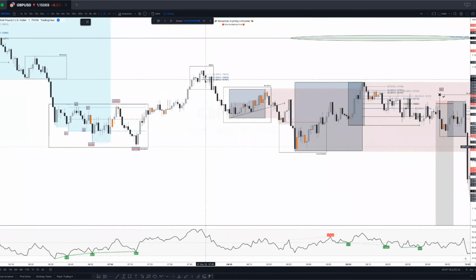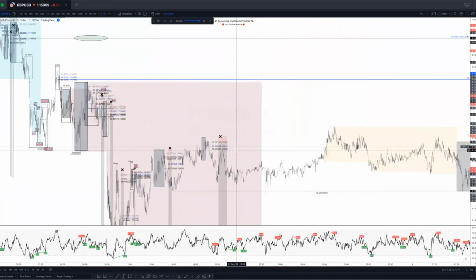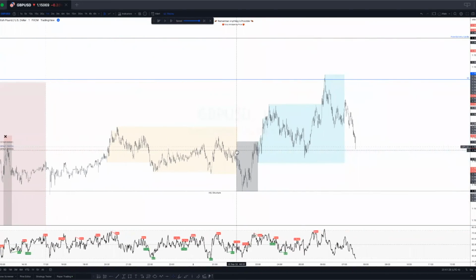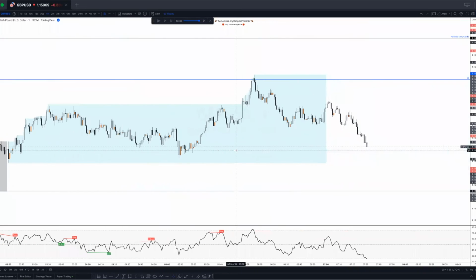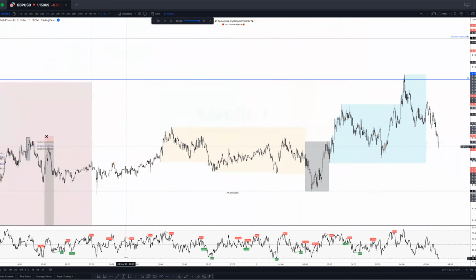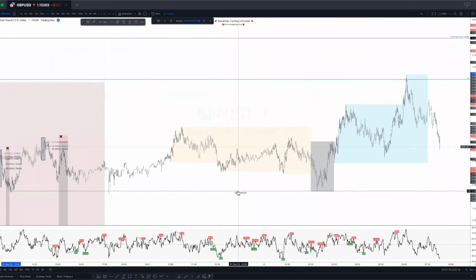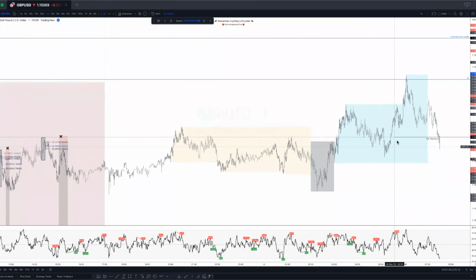This was 50% of it, and price came to 50% of it. Then started to distribute. This is the low that was broken.